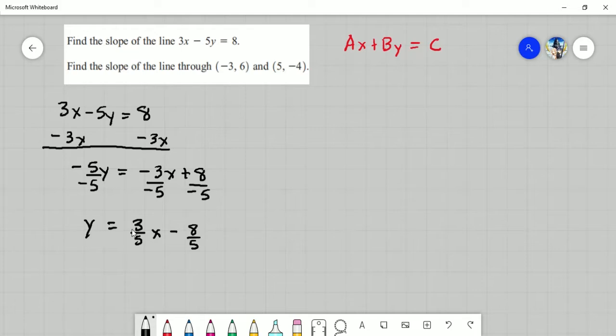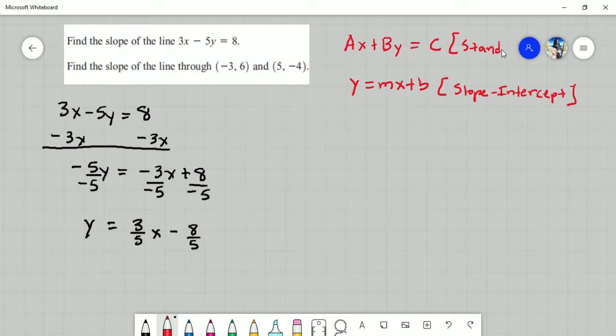So now that I have it in the form that we wanted, slope-intercept form, y equals mx plus b, that is what that is. Slope-intercept. I'm going to go ahead and write the one from earlier, the standard form.